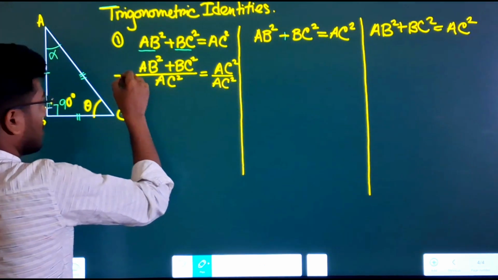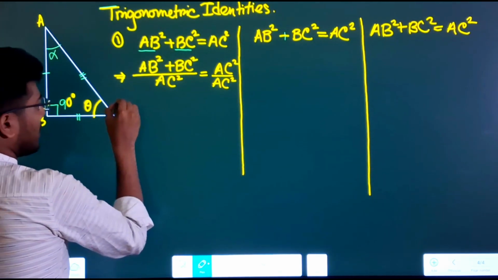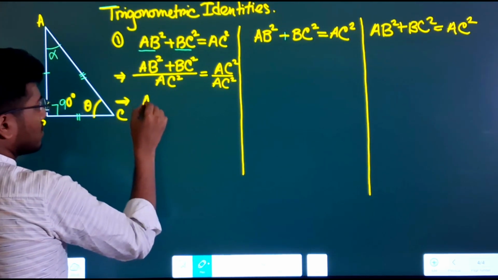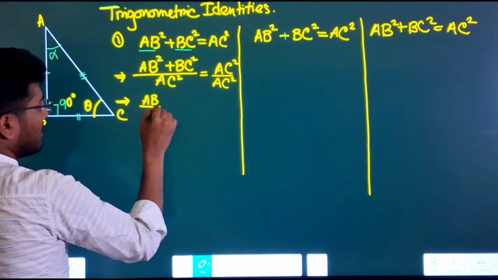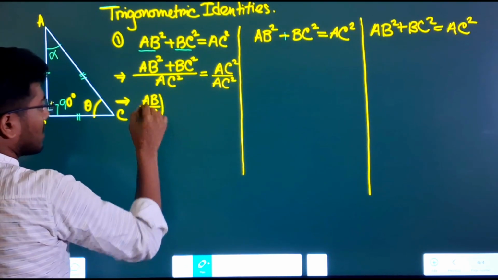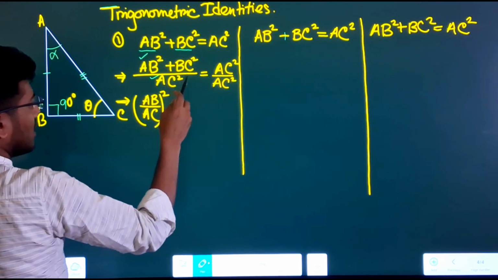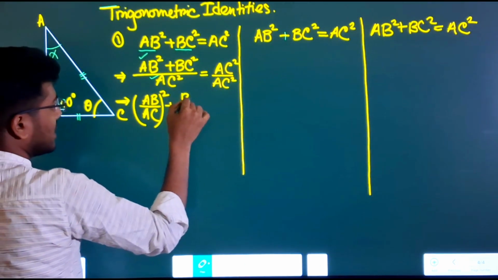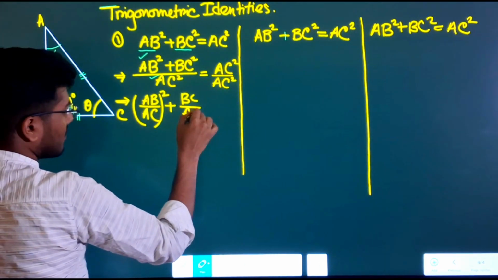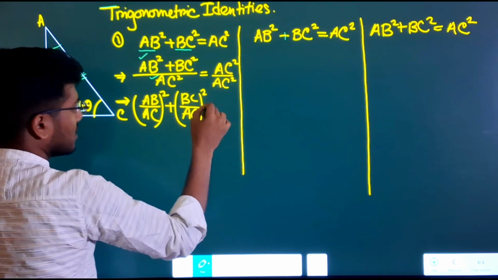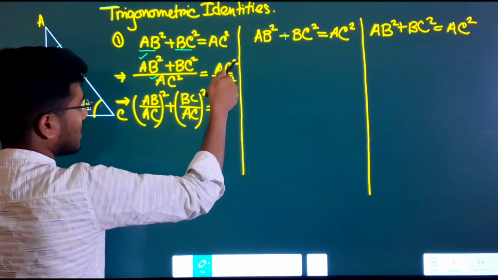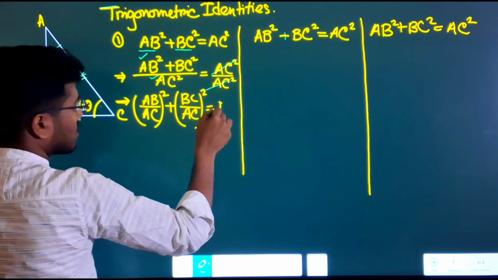If I split this portion, we write AB divided by AC whole square, then BC divided by AC whole square, equals to AC by AC, cut it. That means the answer is 1.